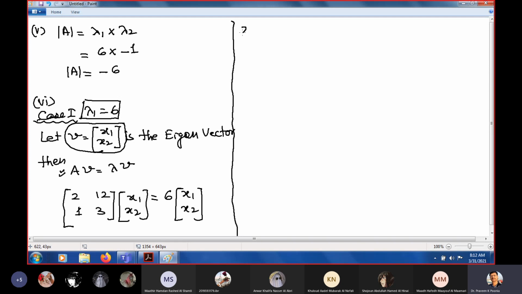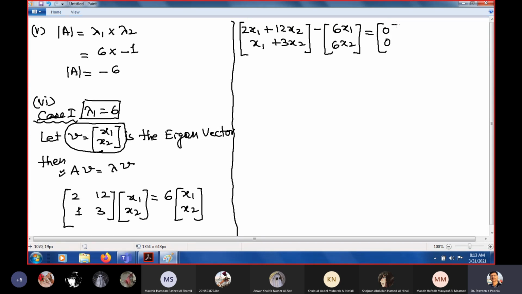It is 2x1 plus 12x2, x1 plus 3x2, minus 6x1, 6x2, and equals 0, 0.